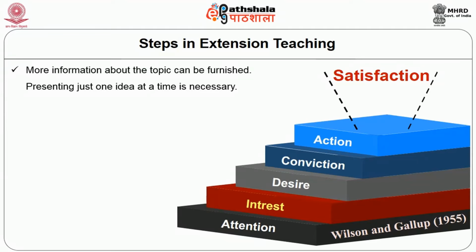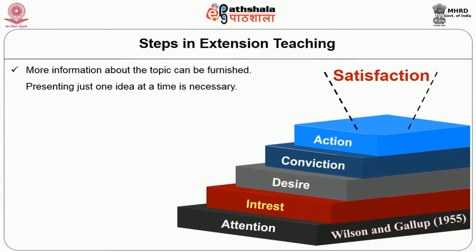More information about the topic can be furnished. Suppose you are introducing a variety; the name of the variety may be the attention that you have brought among the farmers. So how to arouse the interest? More information about the variety should be given: whether it is a long duration or short duration variety, what the yield output is, and what the salient features of this variety are.